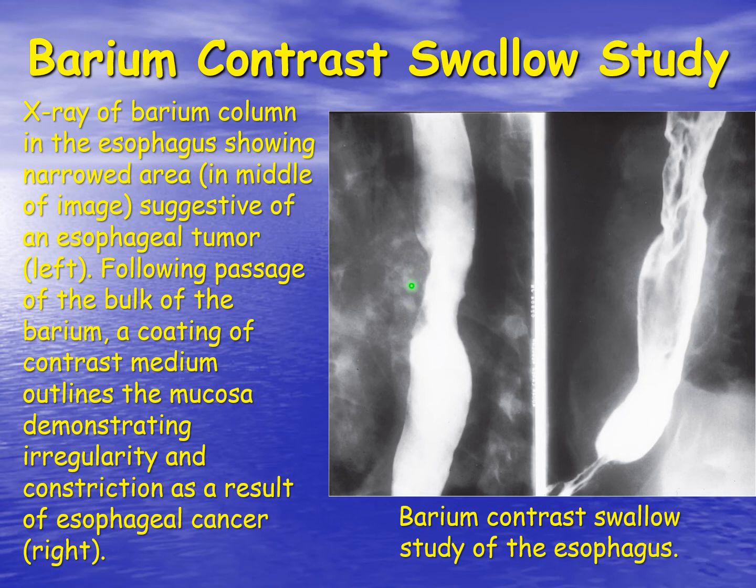And as the barium then passes on into the stomach, you can see there's irregular folding in this area. And again, the wall of the esophagus is right here. And so this is where this tumor is located in the esophagus itself. We couldn't see that just on a plain film because the esophagus would take on that soft tissue opacity and not be able to be seen very well.